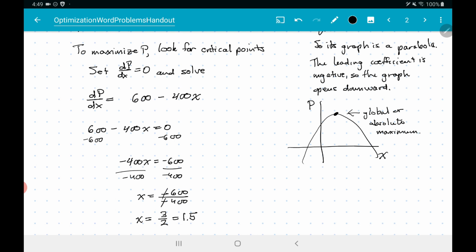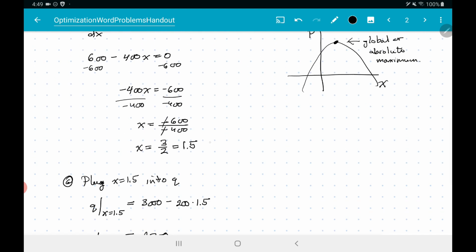So that confirms that this critical number that we found is indeed the value of x that maximizes profit.